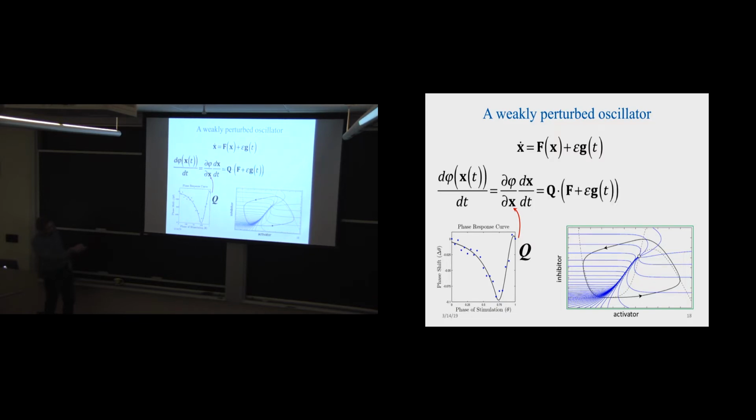So we can just substitute in the phase response curve for an individual oscillator with the dynamics of the chemicals from this equation. And then Q times F is the frequency of a single unperturbed oscillator. And then this tells you how much the phase is shifted by the perturbation. So it depends only on the single particle response function and the amount of perturbation.